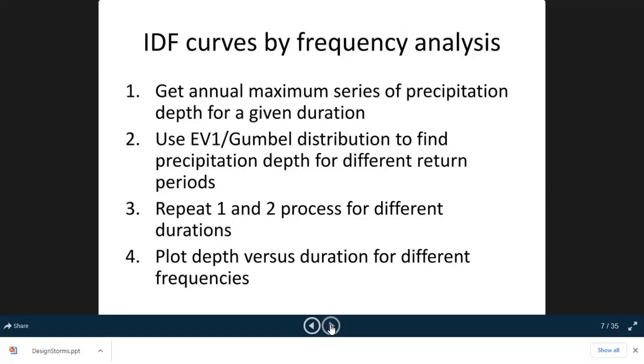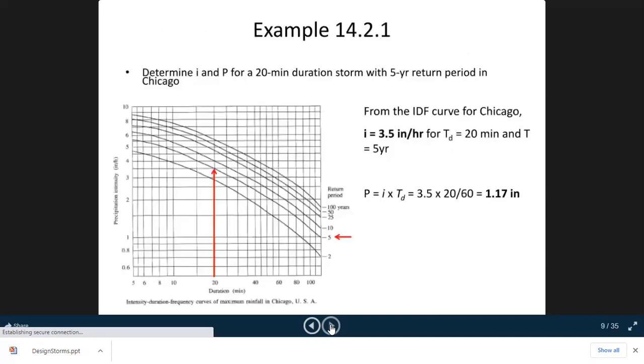Use EV1 Gumbel distribution to find precipitation depth for different return periods. Repeat steps 1 and 2 for different durations. Plot depth versus duration for different frequencies. That is the IDF curve.